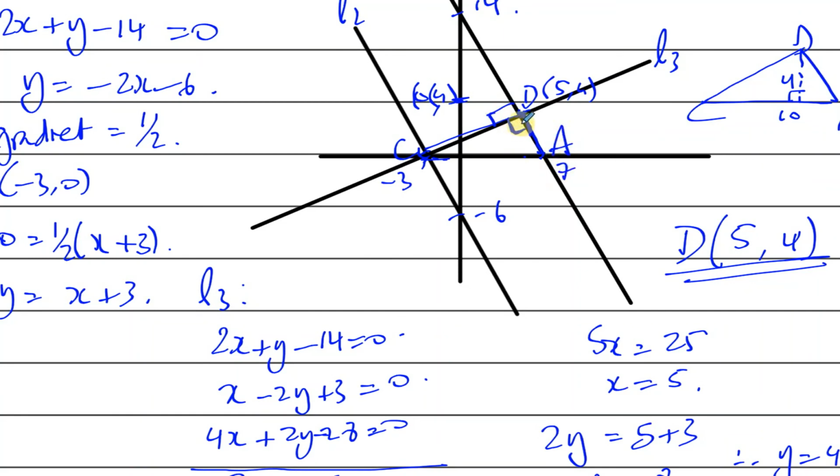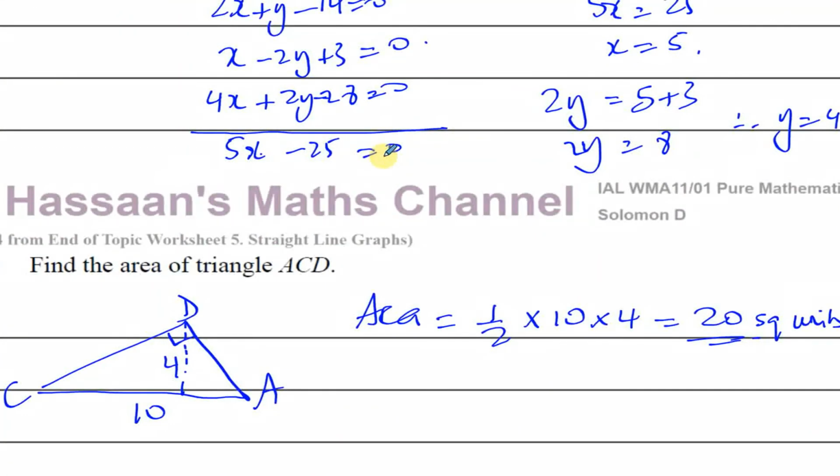So it's much easier to find the area of this triangle by using 1/2 times the base times the vertical height, and the vertical height is the number of units that D is above the x-axis, which is 4 units, because its coordinates are 5, 4. So this is 4 there, and the distance between -3 and 7 is 10 units. So 1/2 times 10 times 4 is 20 square units, which is the answer to that question.